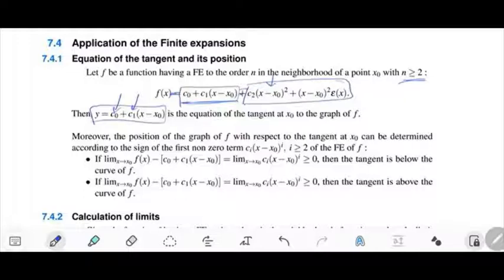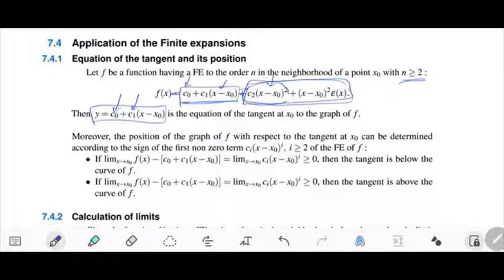And to study the sign of these terms, I will look at the first term, so the c2(x minus x0) power 2. I will look at this term. In this case, it's power 2. In other cases it might be power 3, because if the term of power 2 has a coefficient c2 equal to 0, then the first term after the term of order 0 and term of order 1 will be x3.